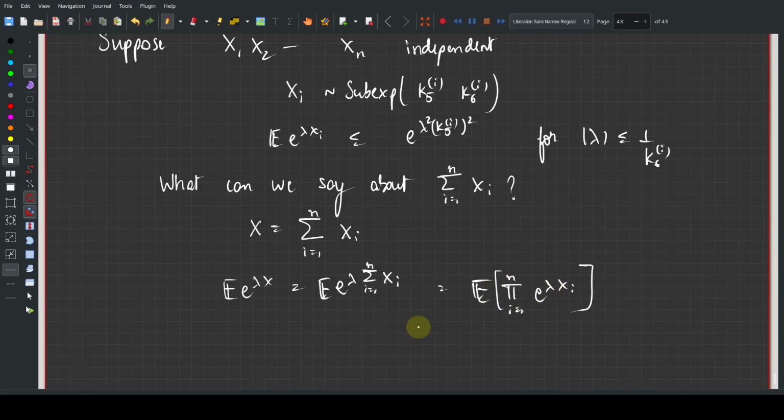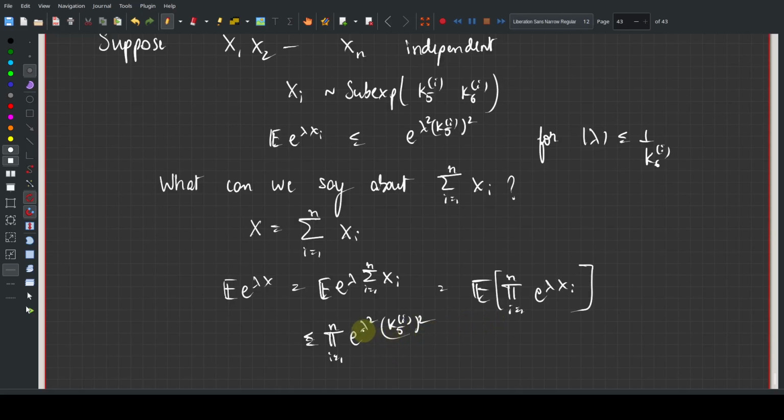The random variables are not necessarily identically distributed. They're independent but not necessarily identically distributed. So this is equal to the product of the expectations. But then I have a bound on the product of expectations. So this is less than or equal to the product over i equal to 1 to n of e raised to lambda square k5 i square. But for what values of lambda is this valid?